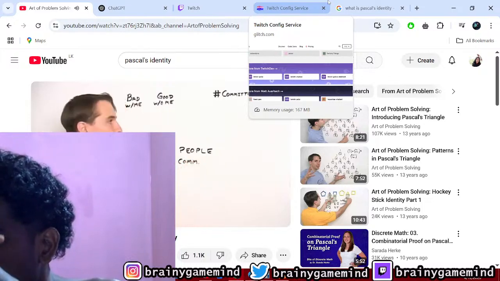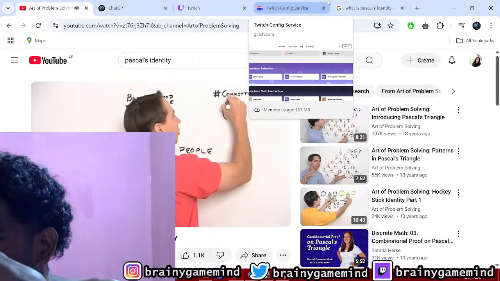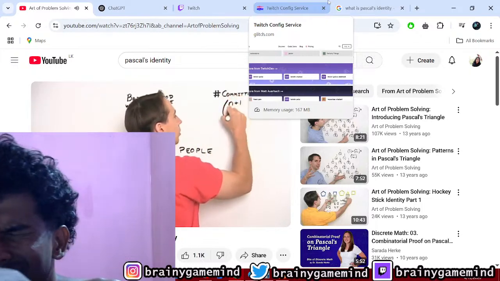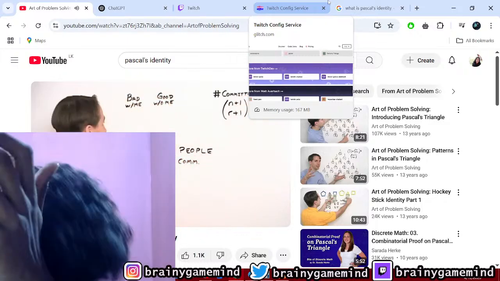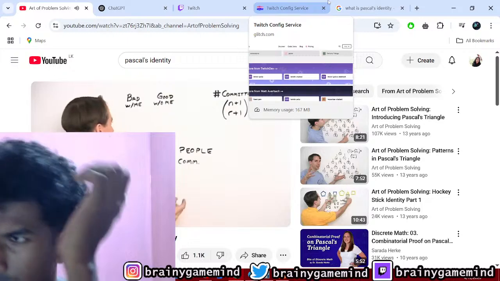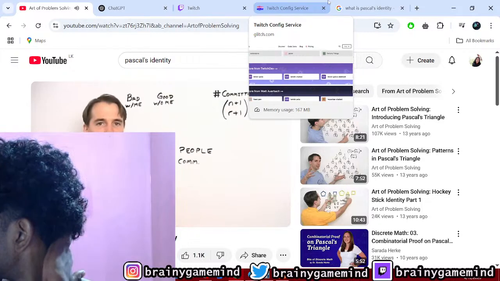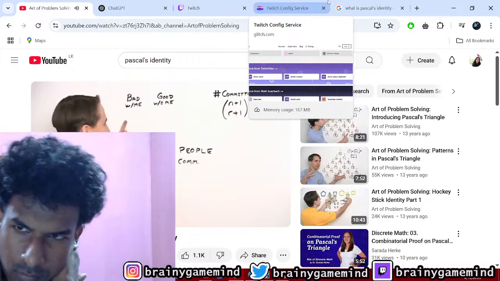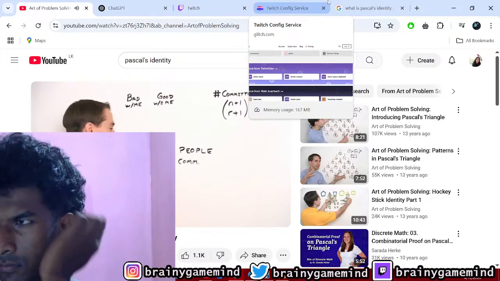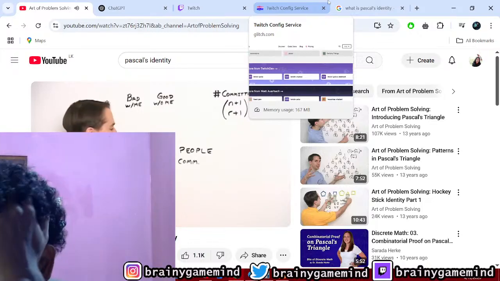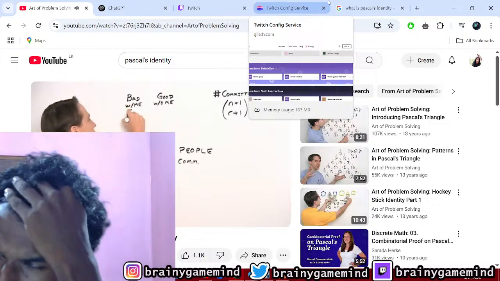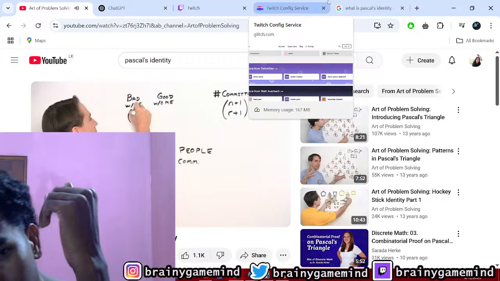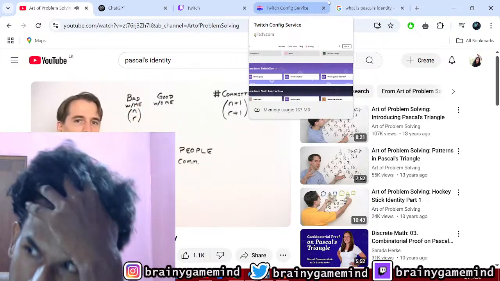Now, clearly there are n plus 1 choose r plus 1 ways to form the committee. Now, what about the bad committees? These are the committees that I unfortunately have to be on. Now, if I'm on the committee, we need r plus 1 people total, so we need to choose r more out of the n remaining people. So there are n choose r ways to form a bad committee.